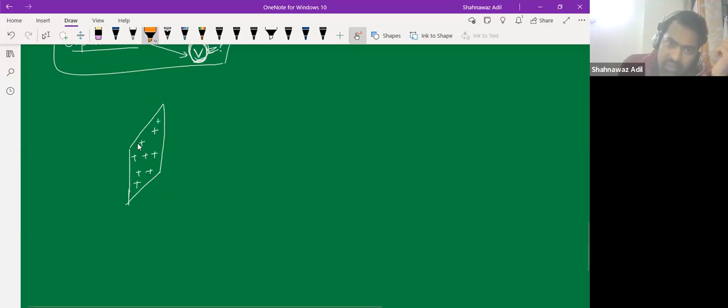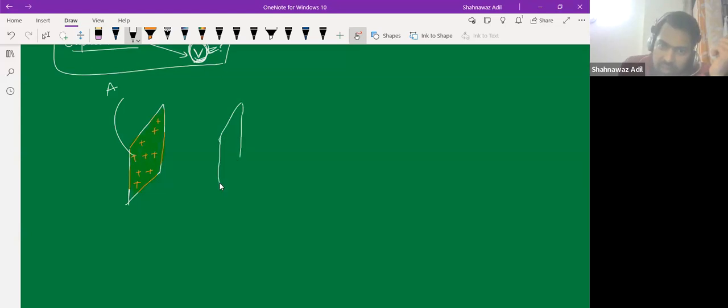Let's say this is a plate and its area is A. Similarly, we have the same plate, but this one has a negative polarity, and it has the same area A. The separation between these two plates is D. This one has a charge plus Q, this one has a charge minus Q.